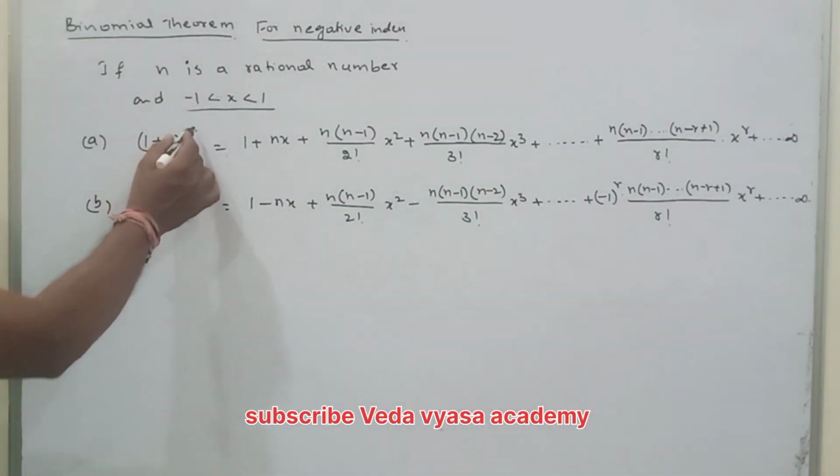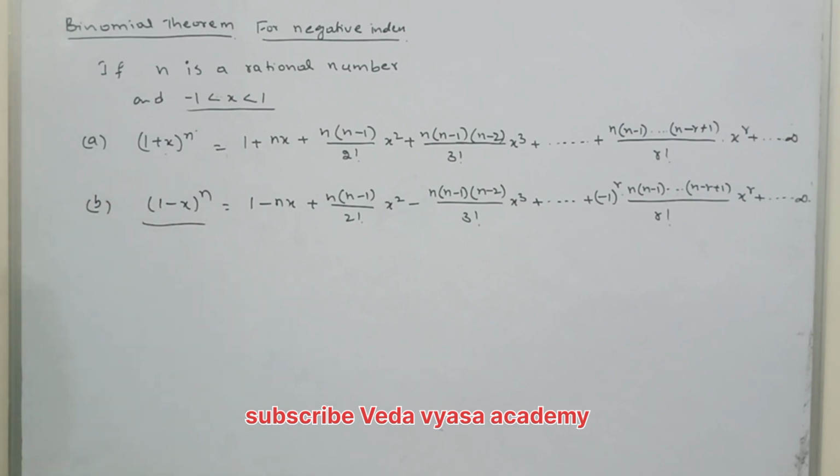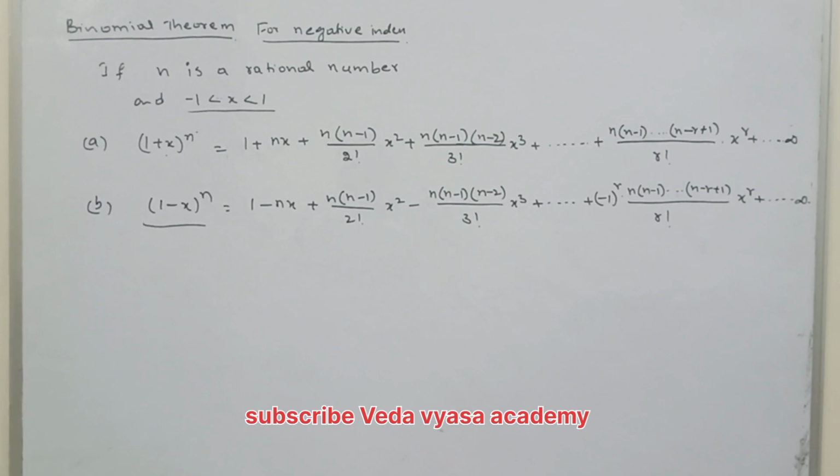That is the expansion for (1 + x)^n and this is for (1 − x)^n, where n is a rational number and minus 1 less than x less than 1.